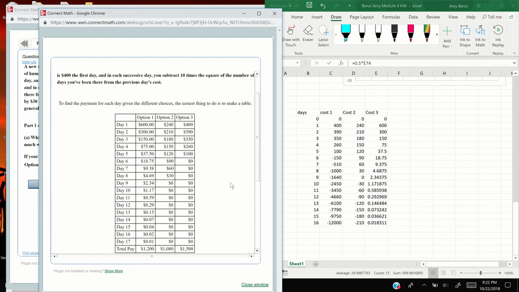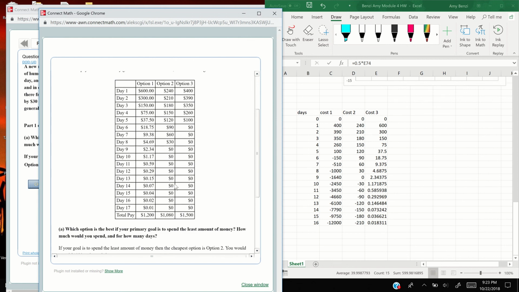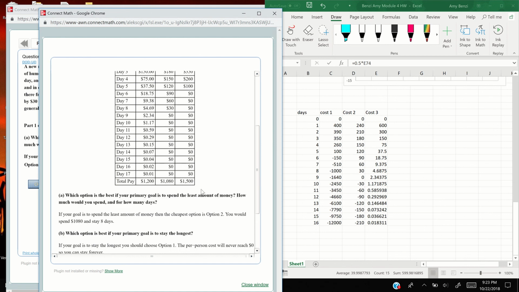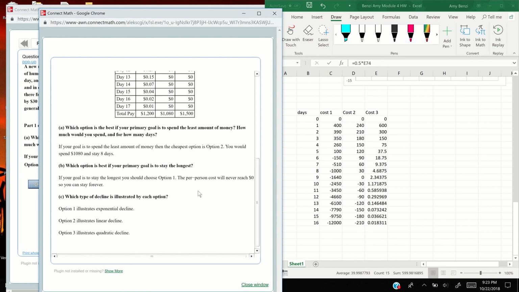Well, what does it show in the example? In the example, they go down to 17 days to where it's 1 cent a day. All right, so let's see, what is it asking us now? Which option is the best if your primary goal is to spend the least amount of money?